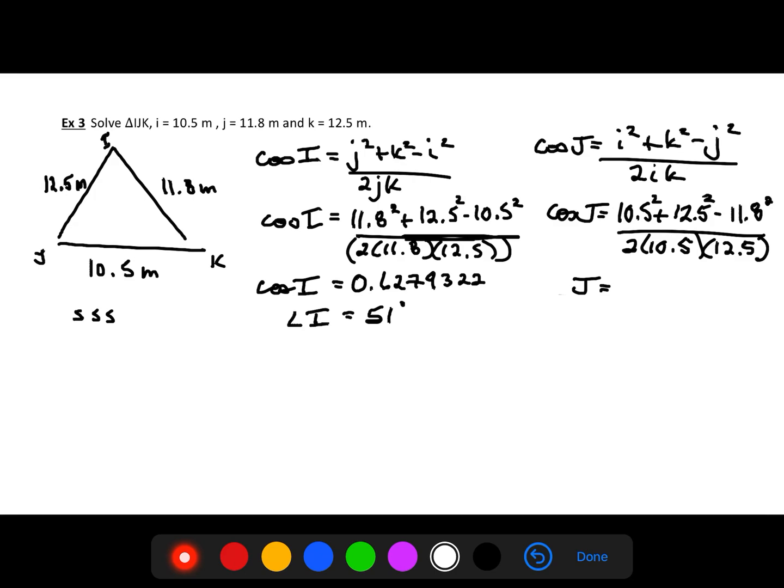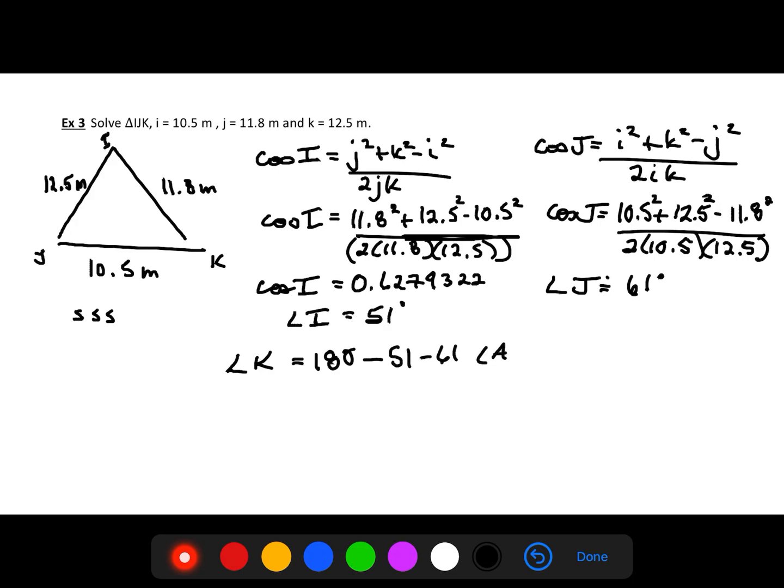When we do that, we're going to get our decimal. And again, we're going to do our inverse cosine for that answer. If you need to do it in 2 steps, by all means. We're going to find J here is approximately 61 degrees, rounding to the nearest degree.